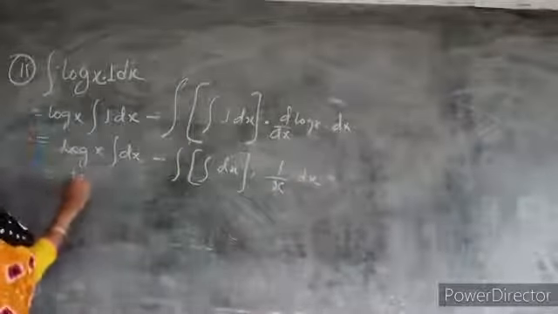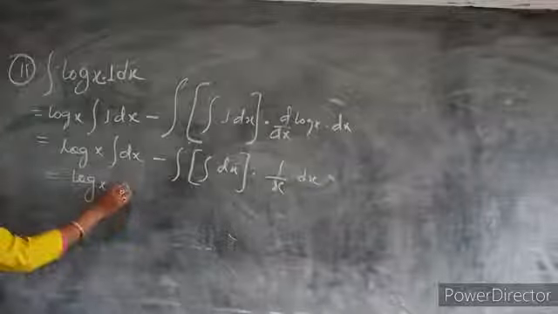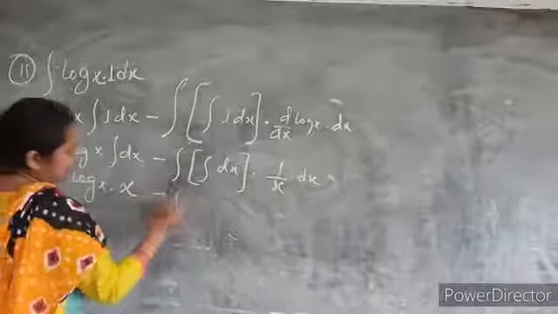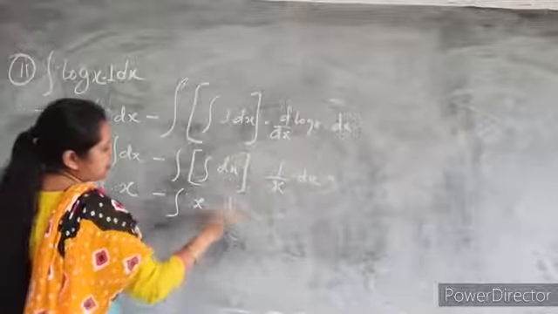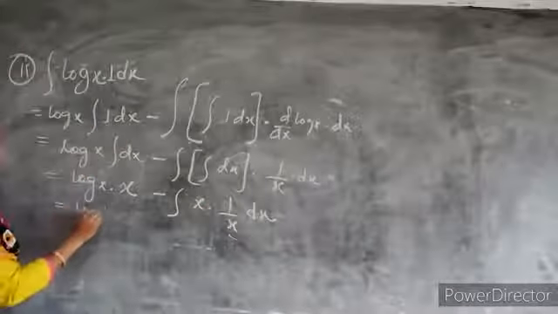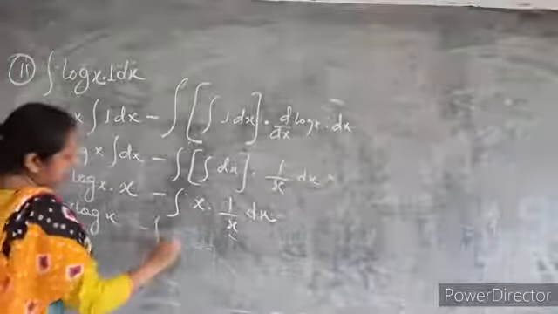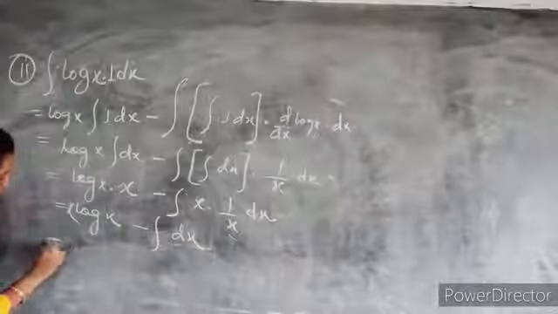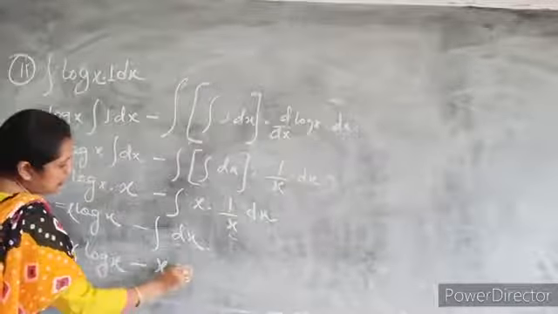So integration of dx will be x, minus this integration, this part is x, this is 1 by x, and again dx. So we will get log x into x minus integration dx. So the output will be x log x minus x plus c.